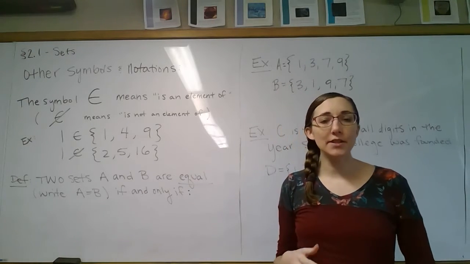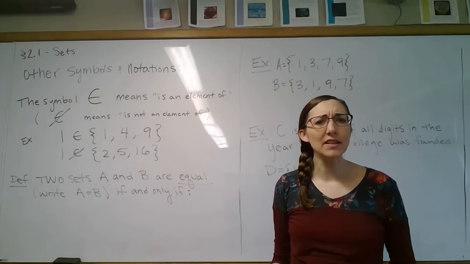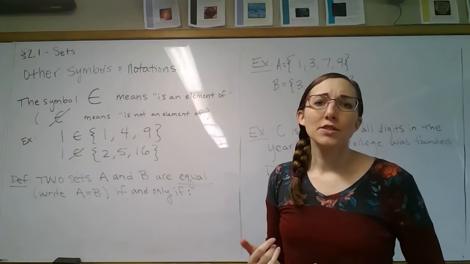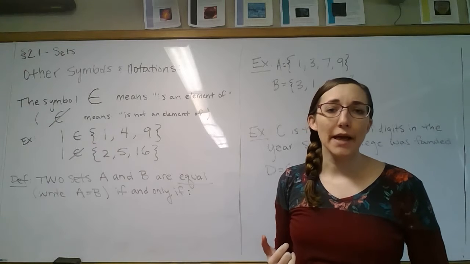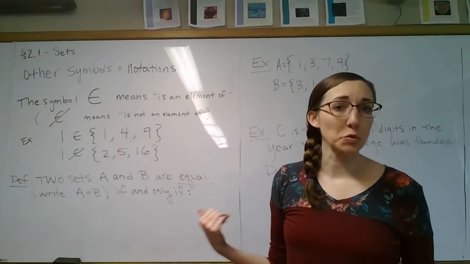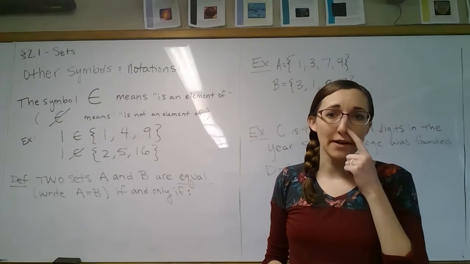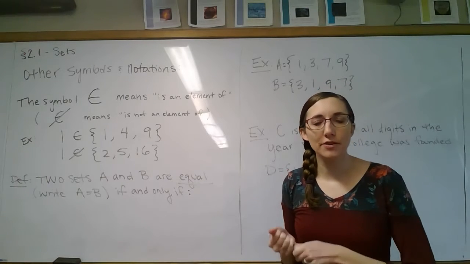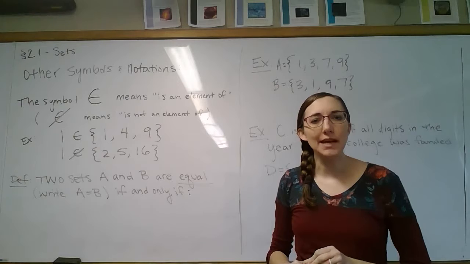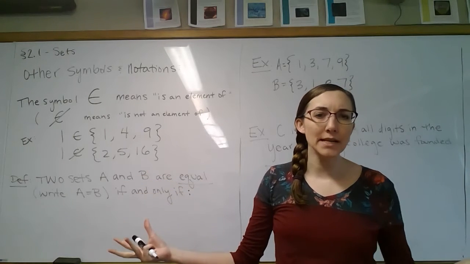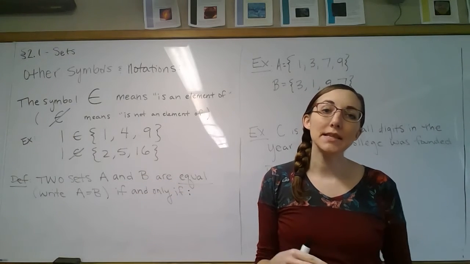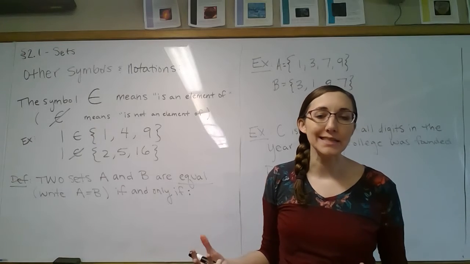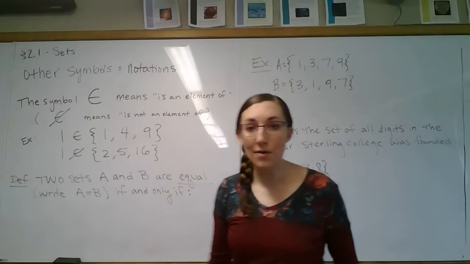Our next definition is going to be fairly intuitive, hopefully. It's talking about two sets, A and B, being equal, which we're just going to denote with our standard equals sign, A equals B. If and only if, so hopefully our definition makes sense: if they're going to be equal, they need to be basically the same, and the thing that defines sets is their elements.